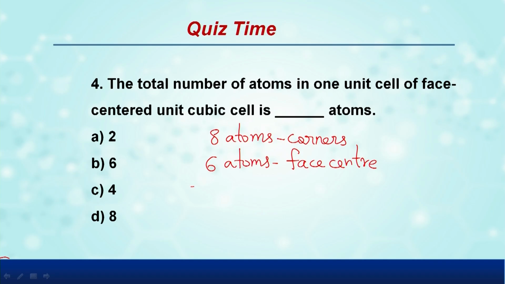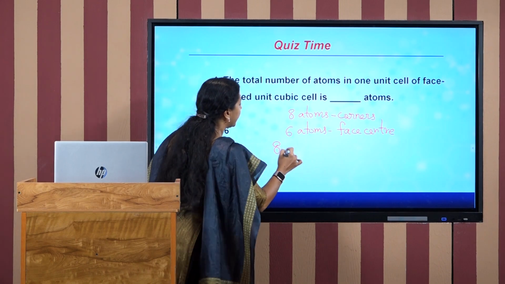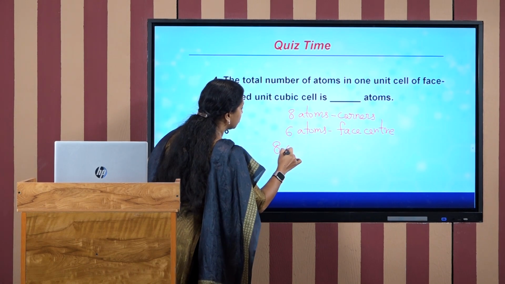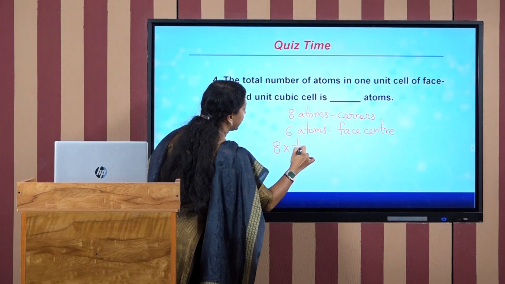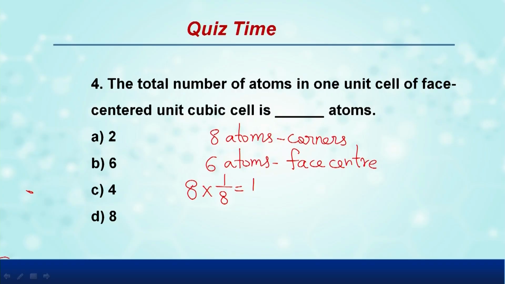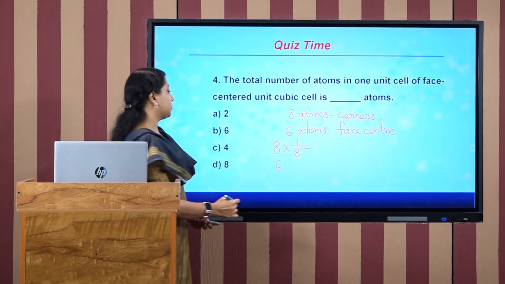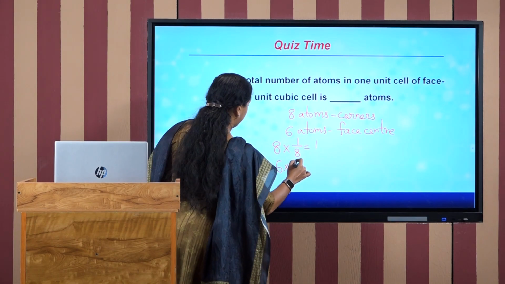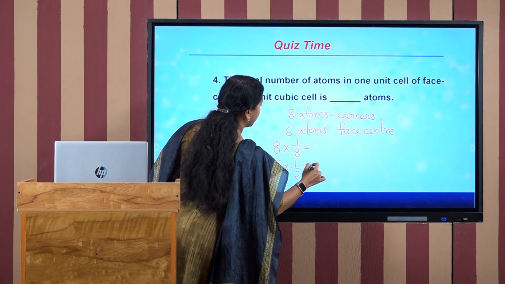Now, 8 atoms at the corners. Each atom contributes 1 by 8. So, 8 atoms, so 8 into 1 by 8 equal to 1. Now, coming to the face centered, we have 6 atoms. Each atom at the face center contributes 1 by 2. So, 6 into 1 by 2 equal to 3.